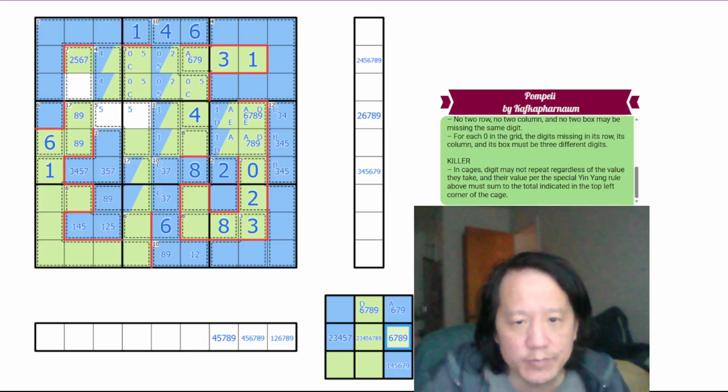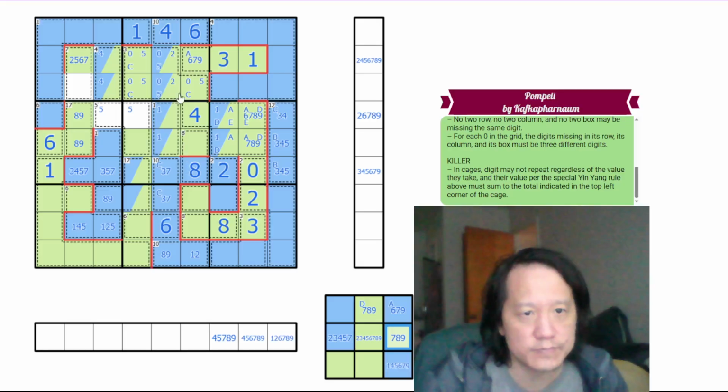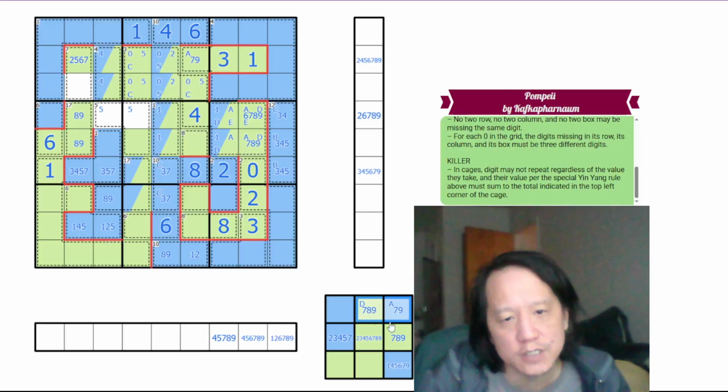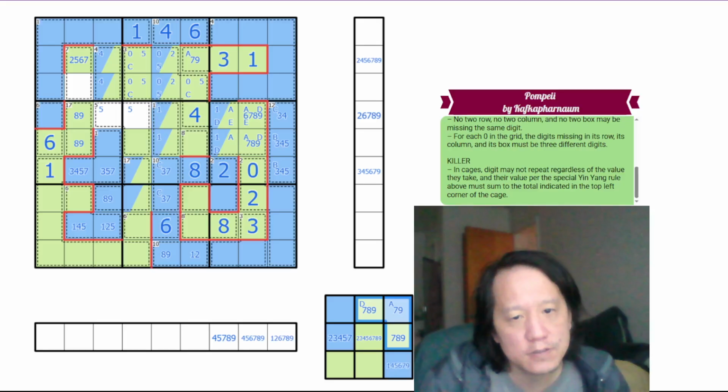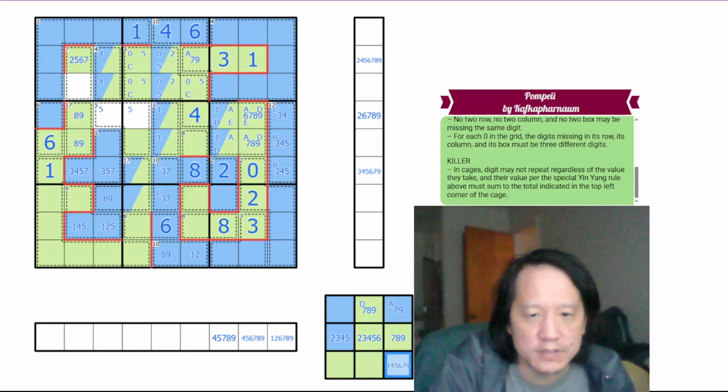So we are not missing a 6 in box 2 or box 4. A cannot be 6. We have a 7, 8, 9 triplet in the missing digits in boxes 2, 3, and 6. So that eliminates 7, 8, and 9 of the rest of the missing boxes.